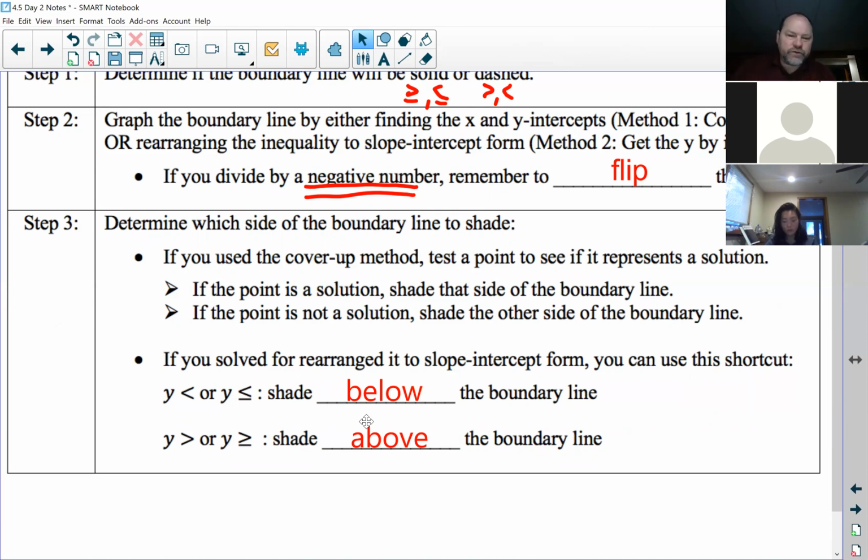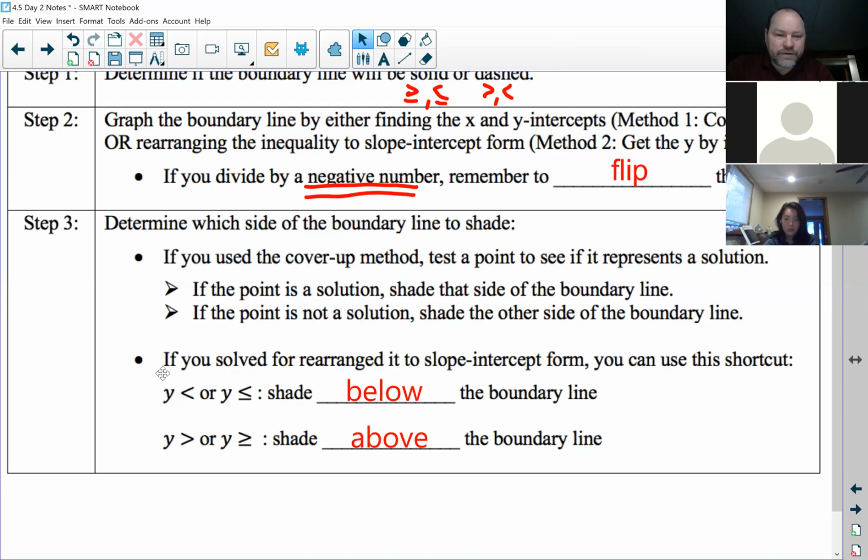But if that point that you chose is a solution, if it makes the inequality true, shade on the side of the line that that point is on. If it is not a solution, you shade on the side that that point is not on. So that can be a little bit confusing, and I understand that.